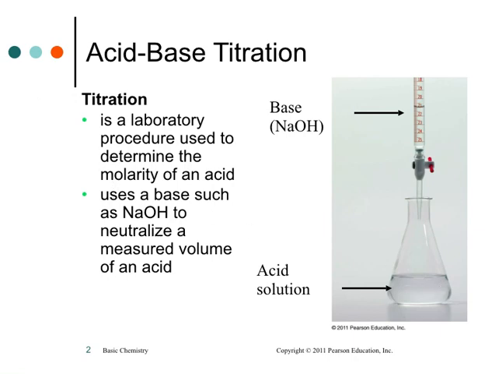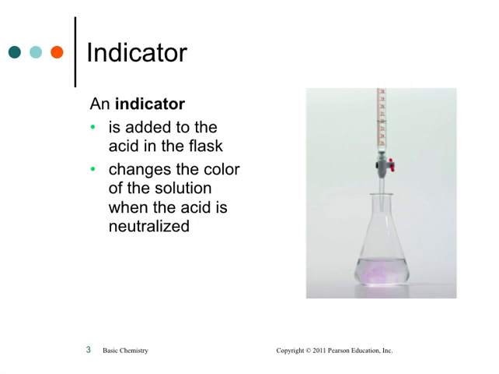So let me try to explain it. I need to know when all of the acid is gone. I need to know when the pH is exactly 7. And there are some indicators that will do that. If I can put a certain indicator in, which is usually some kind of organic dye, at a certain pH it'll change color.